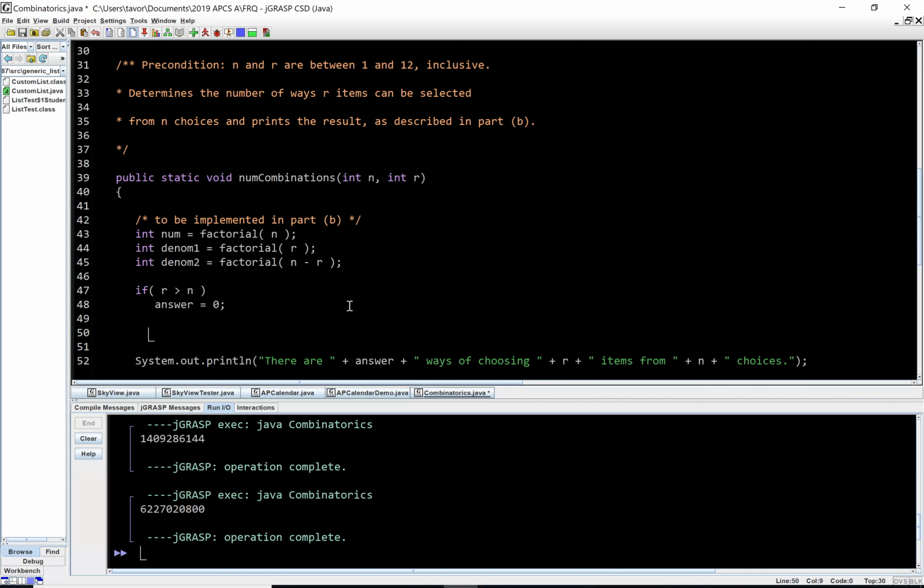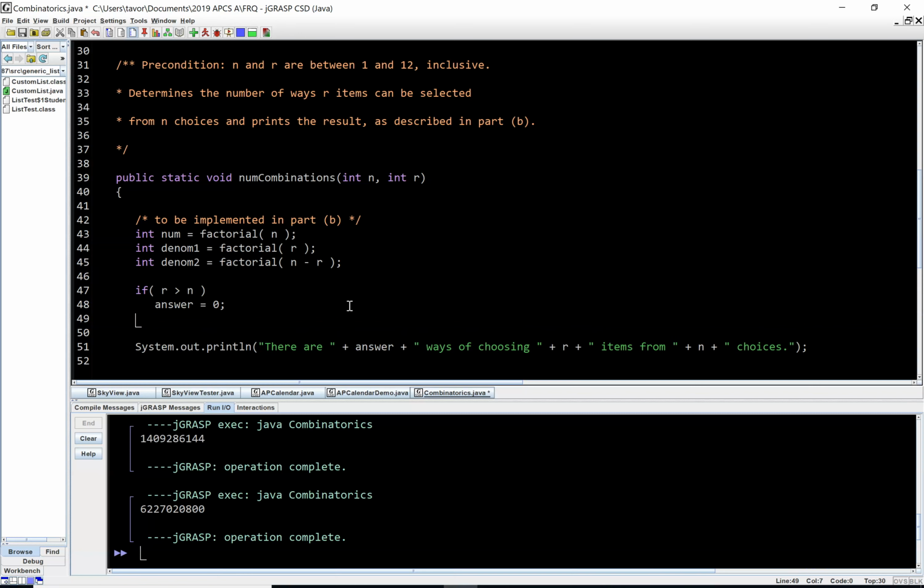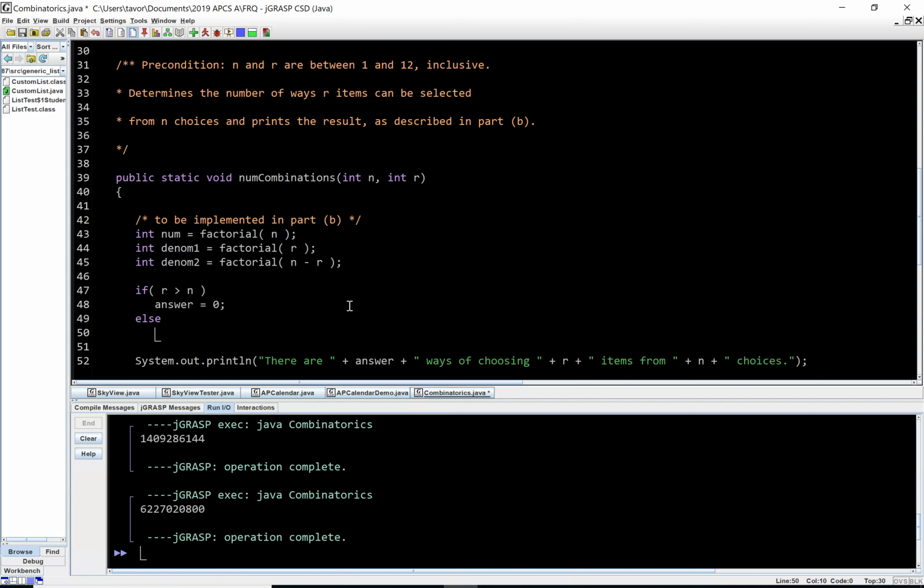Else, if r is not greater than n, I'm going to say answer equals num divided by denom1 times denom2, which is basically the formula. This is a formula that we're given.